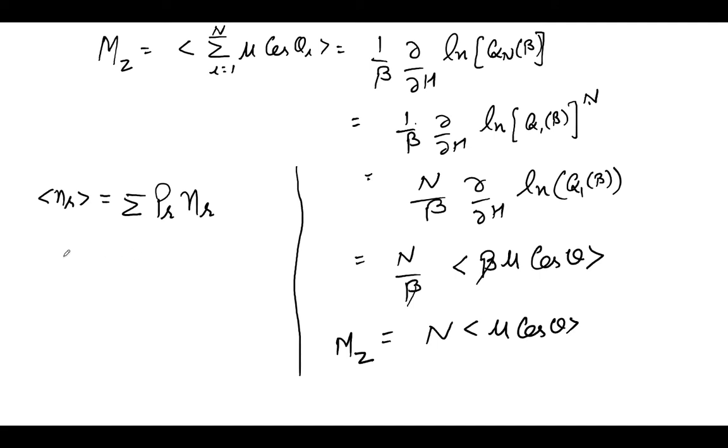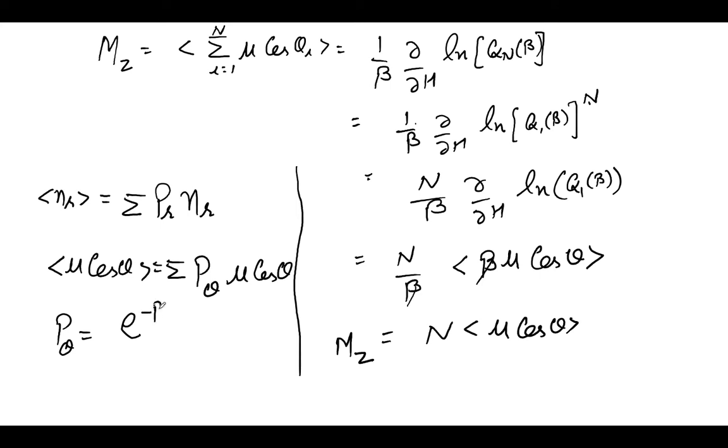Similarly, we can write this mu cos theta as the summation of p(theta) into mu cos theta. From that we can write the relative probability factor p(theta), which is exponential of minus beta into E(theta) over the partition function, that is the summation of exponential of minus beta into E(theta).